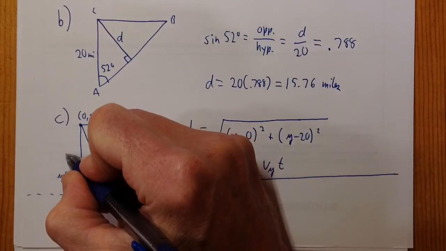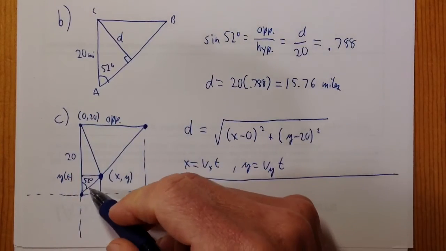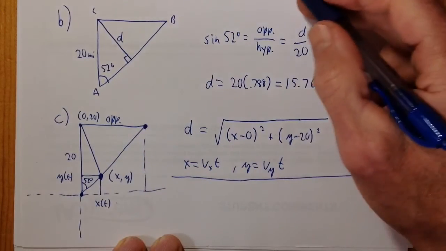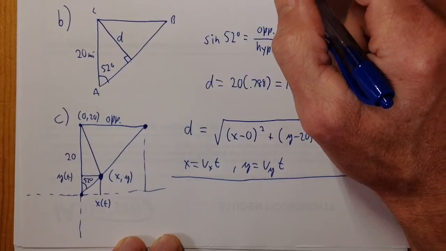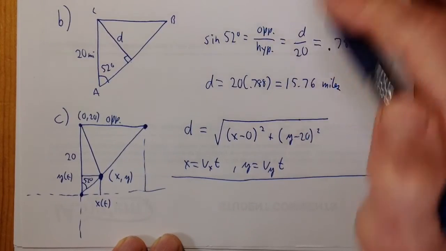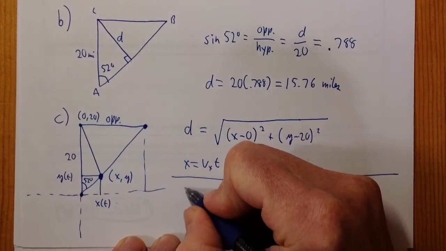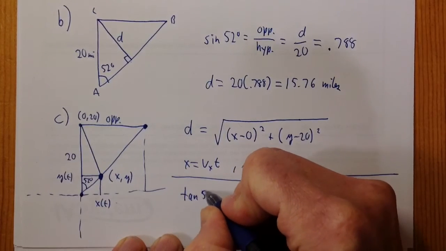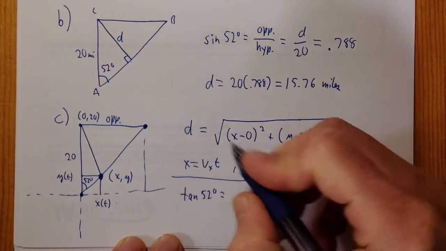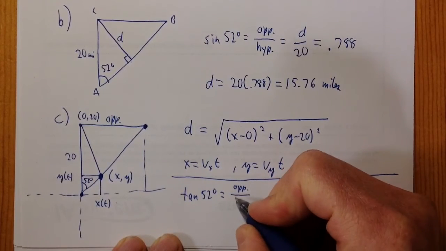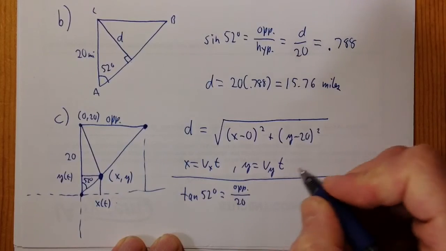Sine is opposite over hypotenuse, or we know this is 20, so we could use tangent. Tangent is opposite over adjacent. We know this is 20. Now the hypotenuse we figured out was 32.485 miles, but 20 is so much cleaner, so let's use tangent. So tangent of 52 degrees is the opposite, the x distance we want, divided by the adjacent, which is 20.